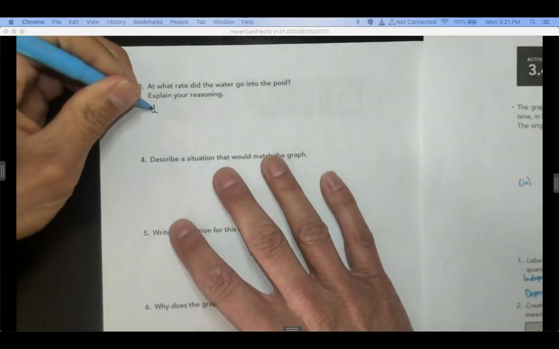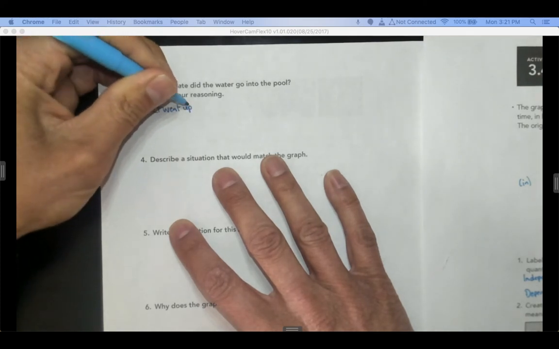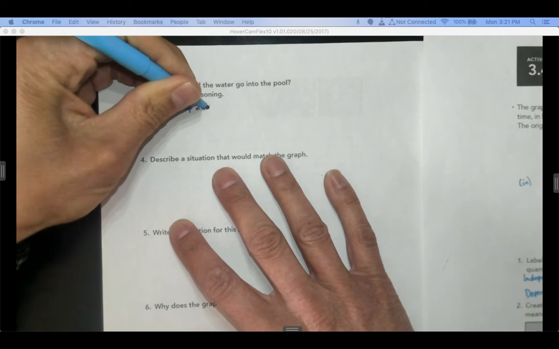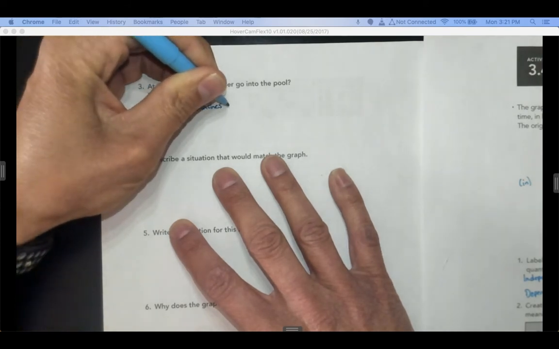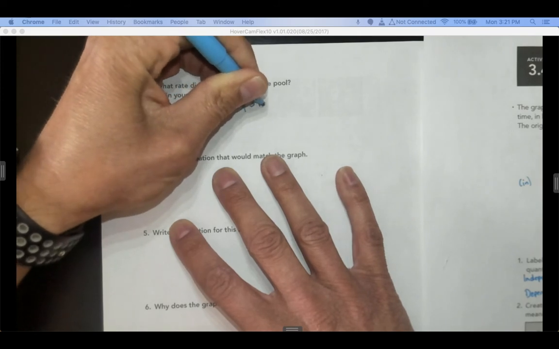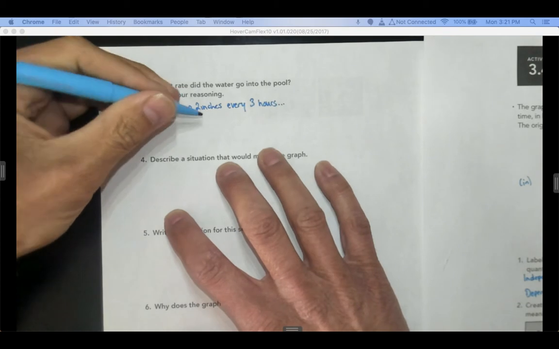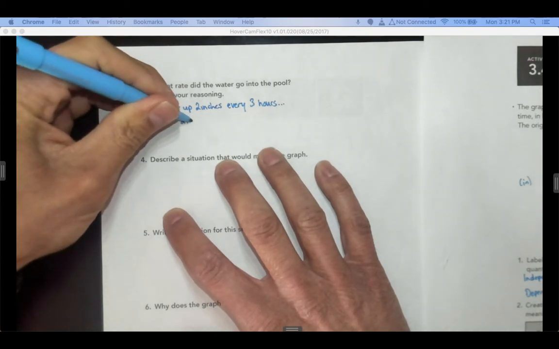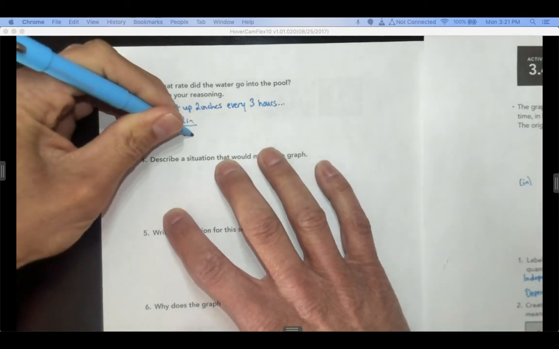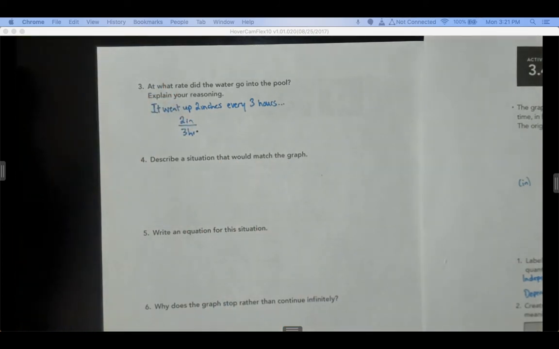It went up 2 inches every 3 hours. Now, that's written like a ratio. So I could write it 2 inches for 3 hours. And I could almost think of this as it went up 2/3 of an inch every hour.